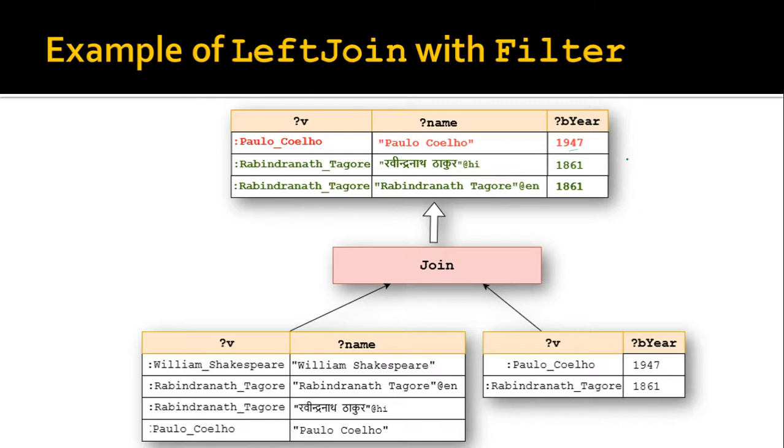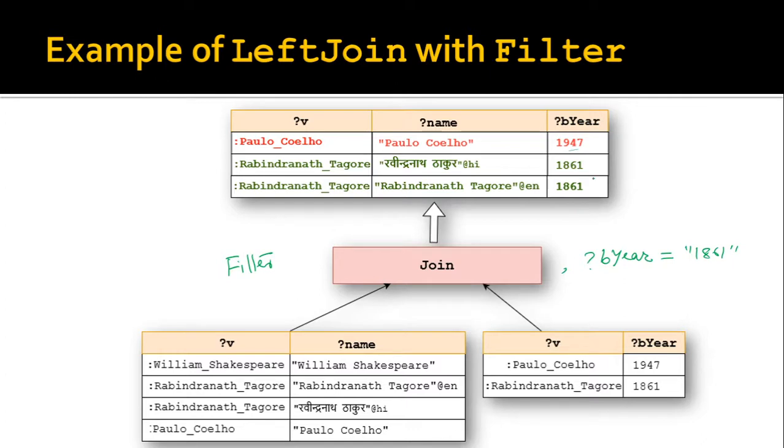Now we can see that if we apply a filter over this join, and what is the filter condition? The filter condition is that B year should be equal to 1861, right?